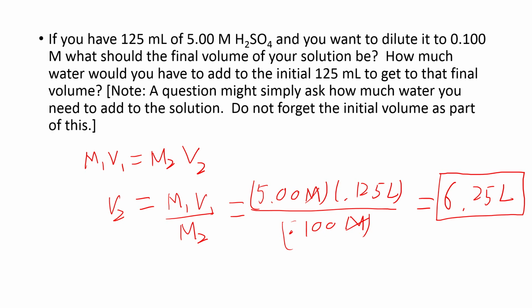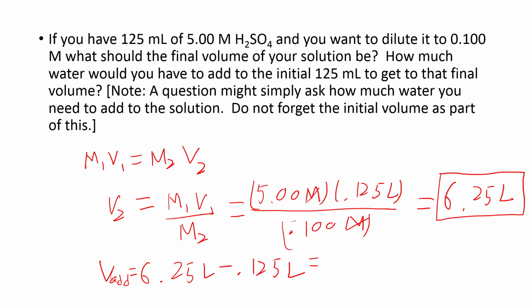The next question was, how much water would we have to add to the initial 125 milliliters to get that final volume? So the volume to add, V add, would be equal to 6.25 liters minus 0.125 liters. Because remember, we start with the original volume. Our M1 V1 equals M2 V2 equation isn't giving us the volume to add, but the final volume to get to.